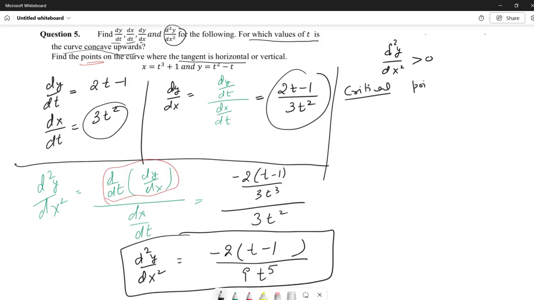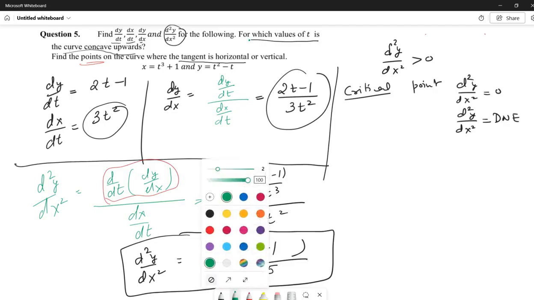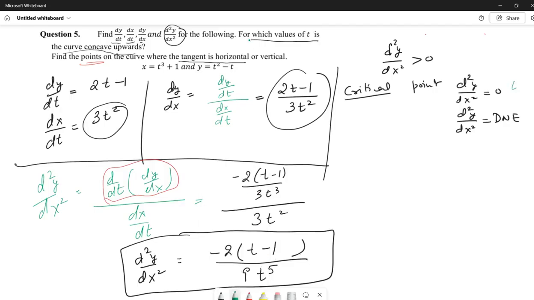Critical points come from the second derivative equal to 0 or the second derivative not existing. Now, the second derivative becomes 0 if the numerator is 0. Therefore, t is equal to 1. That critical point comes from the second derivative being 0. And the second derivative does not exist if the denominator becomes 0, which is t. So t equal to 0.